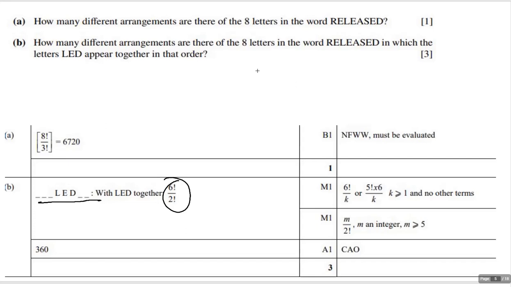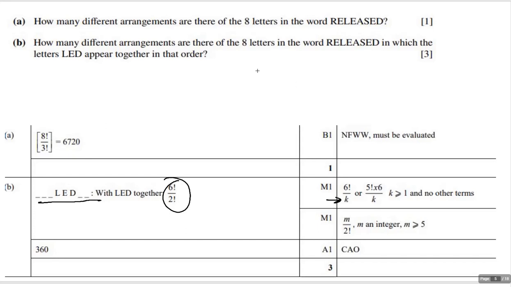And here you'll notice that if you do 6 factorial divided by something, or even 5 factorial times 6, which I'm not sure why that would be okay. I mean, you can still get a point if you misnumber the duplications. But there has to be a number down here. If all you do is 6 factorial, then you won't get the method point.